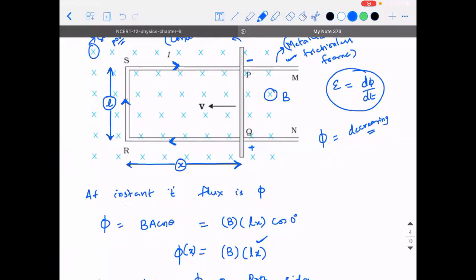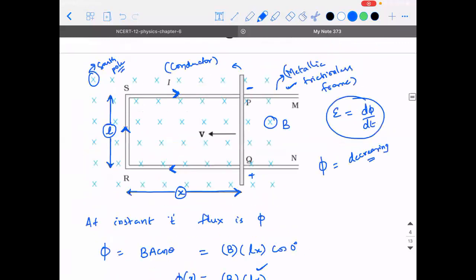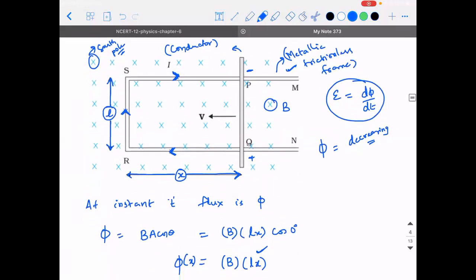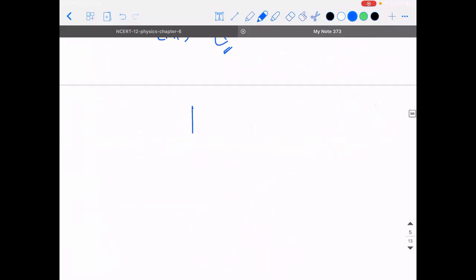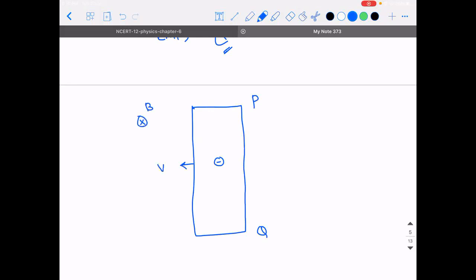This is one way of finding. I hope everybody is clear with how I found the direction. Yes, sir. Now, the other way of finding the direction is to observe: if I take P and Q, the electron is there, the velocity is in this direction, and the magnetic field is into the plane of the paper. When this is the case, what is the force experienced by the electron?